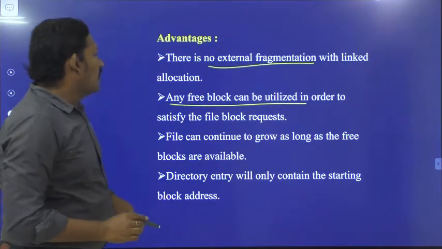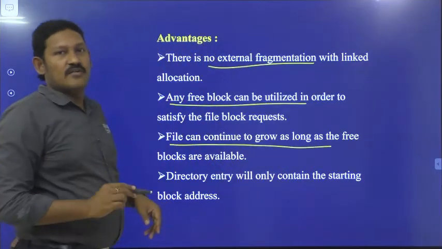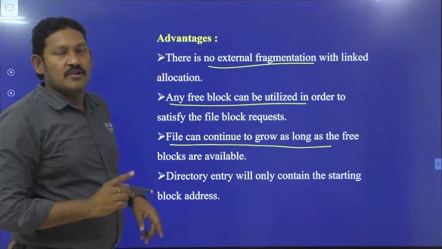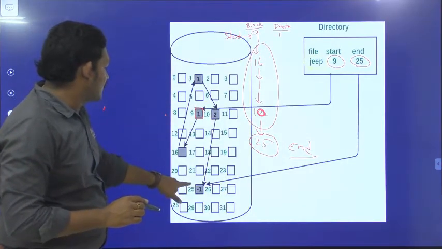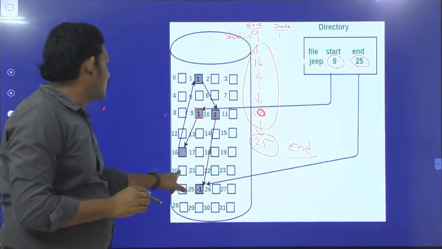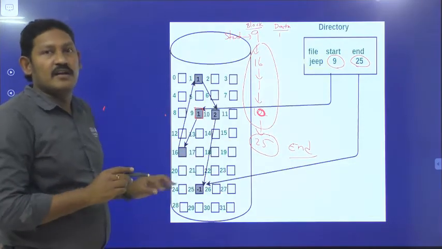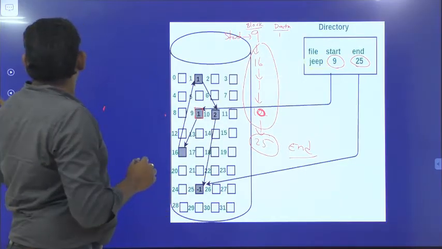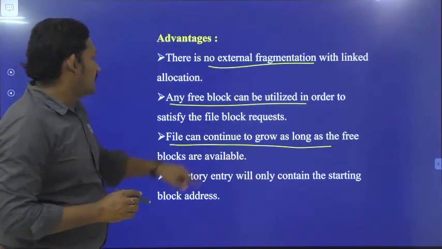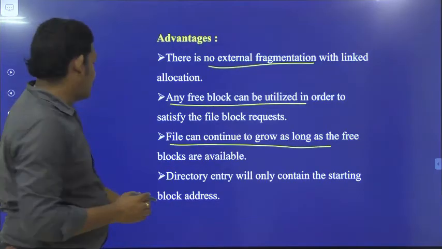And the file can grow as long as we require, because we can point to all the free locations. From 25 we can point to 20, next 17, next 23, next 29, like that we can go anywhere. We can occupy all the blocks which are free. That's why we can grow it as much as we require.